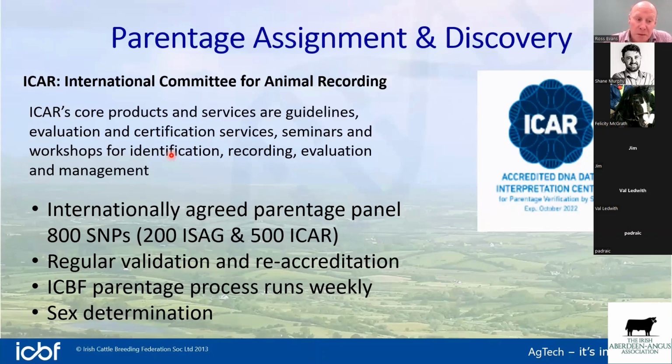Okay, so ICBF run that parentage process weekly for any new genotypes that have come in, and it runs parentage assignment and also parentage discovery. As part of that, there is a sex determination.